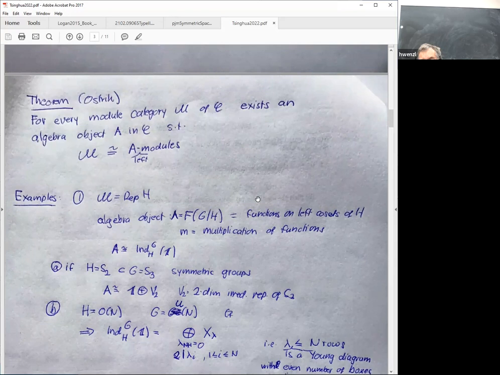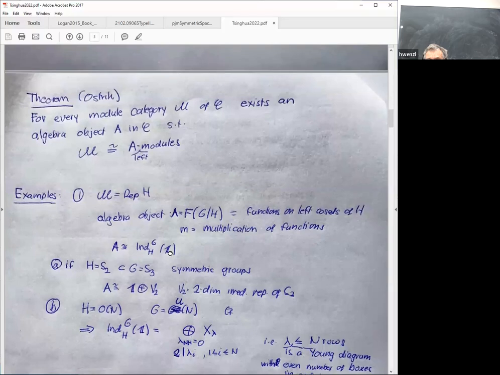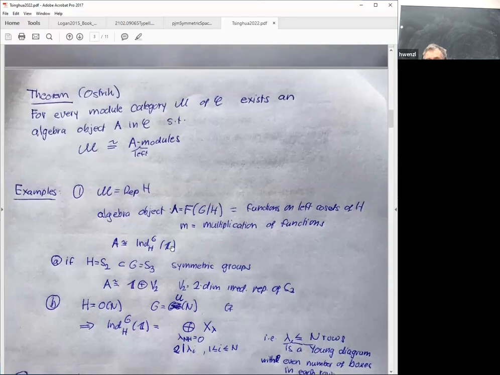All right. Now, of course, we would also like to know how this looks as a C object. It's known that the algebra A as a G module is just given by inducing the trivial representation of H up to the big group.